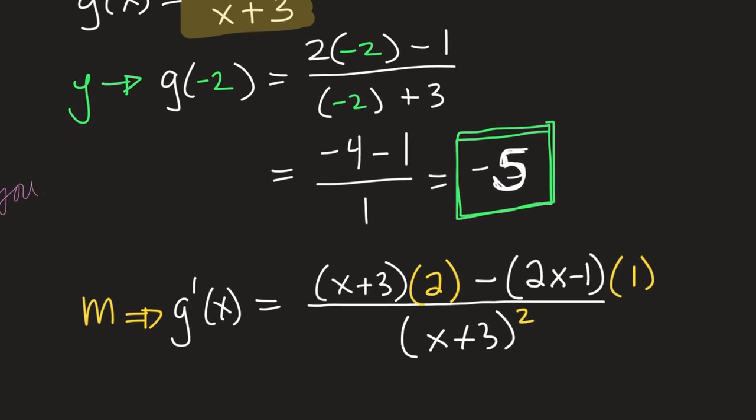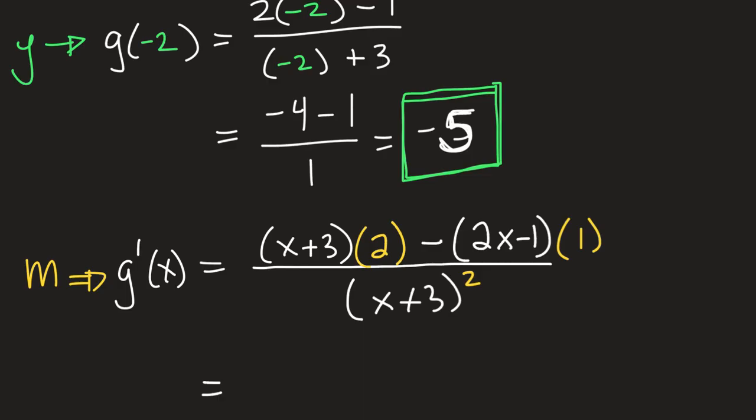Now believe it or not, you don't have to simplify this if you don't want to, because our point is figuring out when x is -2. You legitimately could plug -2 into all of your x's and then simplify it. But I'm going to do a simplification step first before I plug in my -2. Let's do some distribution.